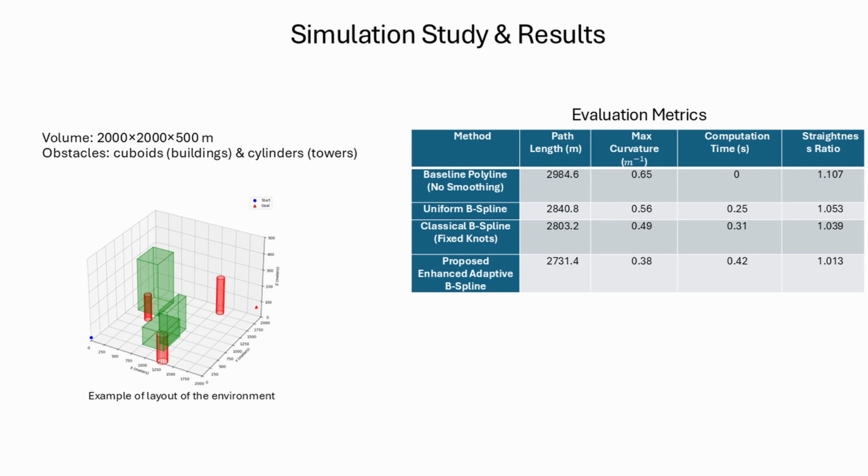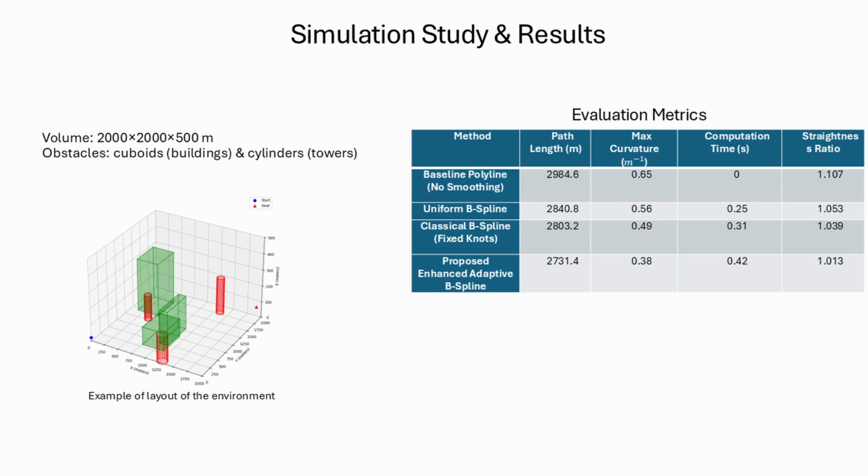For that overhead, we are gaining a path that is demonstrably safer, more stable, and more efficient. For any mission where flight quality and energy conservation are paramount, like infrastructure inspection or search and rescue, this trade-off is not just acceptable, it's highly advantageous.